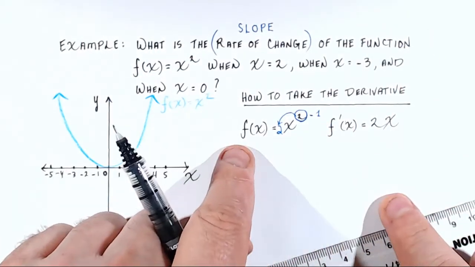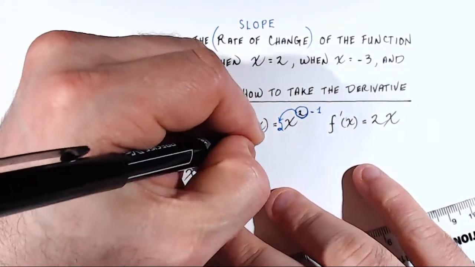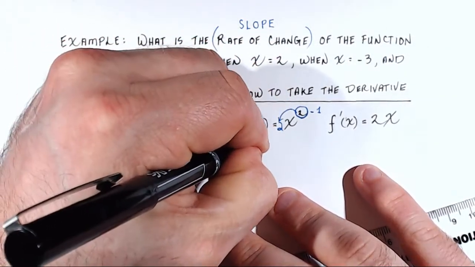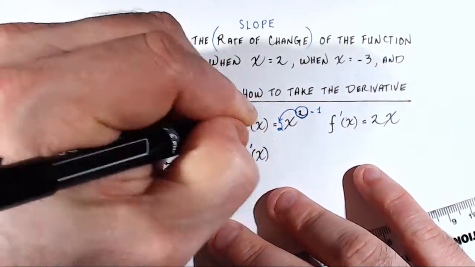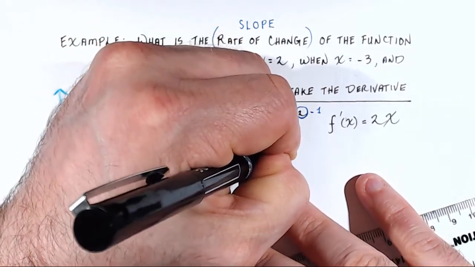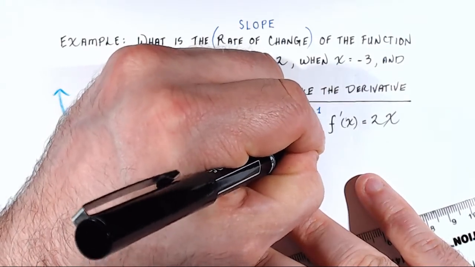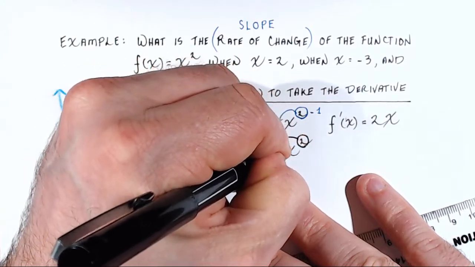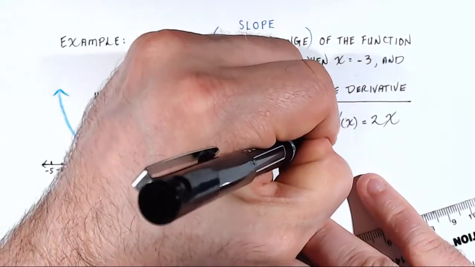So the derivative of f of x equals x squared is just 2x. Let me show that again. So if I want to take the derivative f prime x of x squared, what I do is I pull down the exponent and put it right here in front of the x, and then I subtract 1.